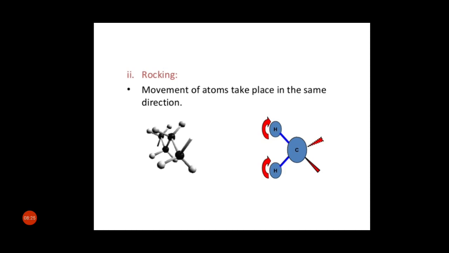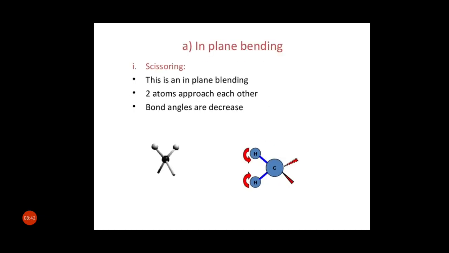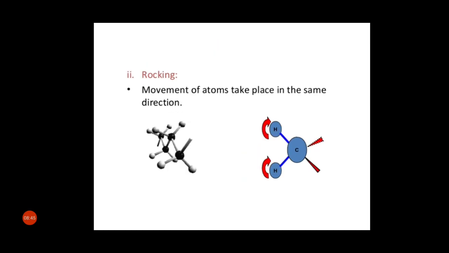What is rocking bending? In rocking, movement of atoms takes place in the same direction. I have included the diagram also. So this is scissoring bending and this is rocking bending.